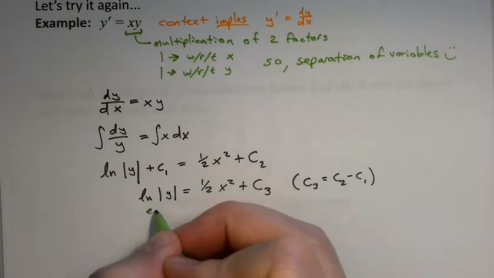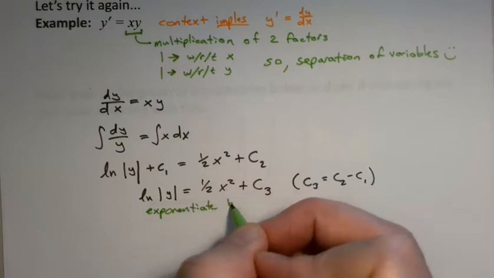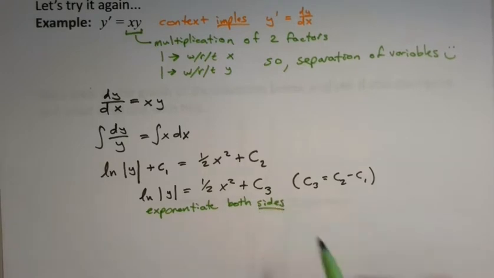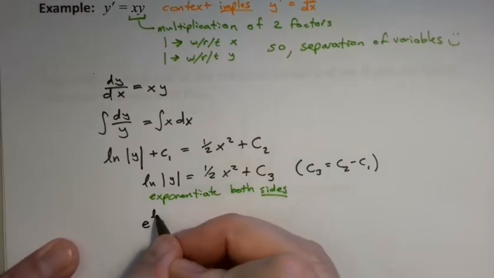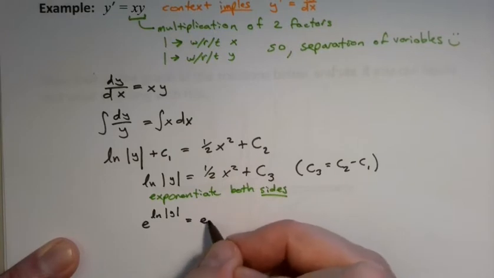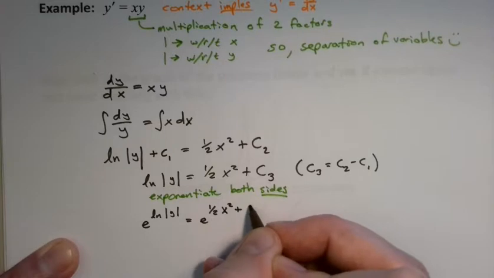And so we're going to exponentiate. But we're going to do that to both sides. The entire side needs to be exponentiated. So on the left-hand side, we'll have e to the natural log of absolute value of y. And the right-hand side will have e to all this stuff, 1/2 x squared plus c3.